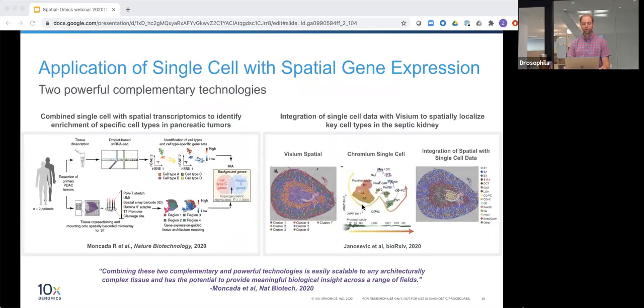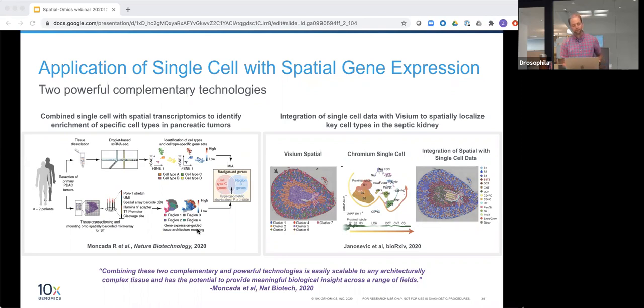The other thing that we're seeing a lot of is the combination of single-cell gene expression with spatial gene expression. These are two very powerful and complementary technologies. This paper on the left is a Nature Biotech paper that was published recently. They were able to annotate the precise cellular composition of these distinct regions and look for spatially restricted enrichment of different cell types in pancreatic cancer.